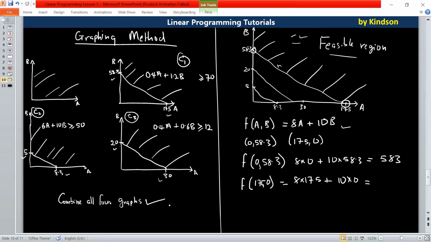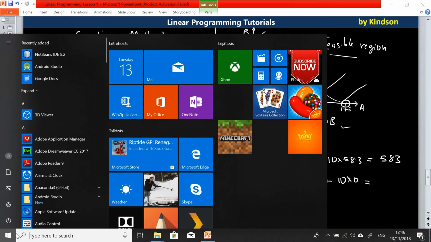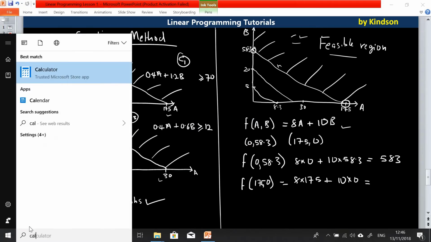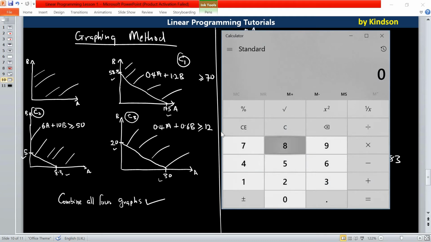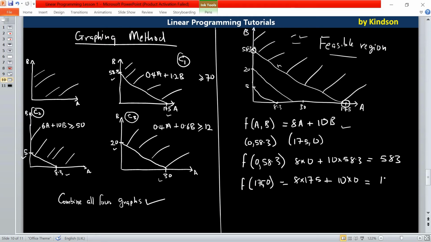So that will give us 8 times 175. Let's try to use a calculator. 8 times 175. So that gives us 1400. So obviously the minimum value occurs here, right?